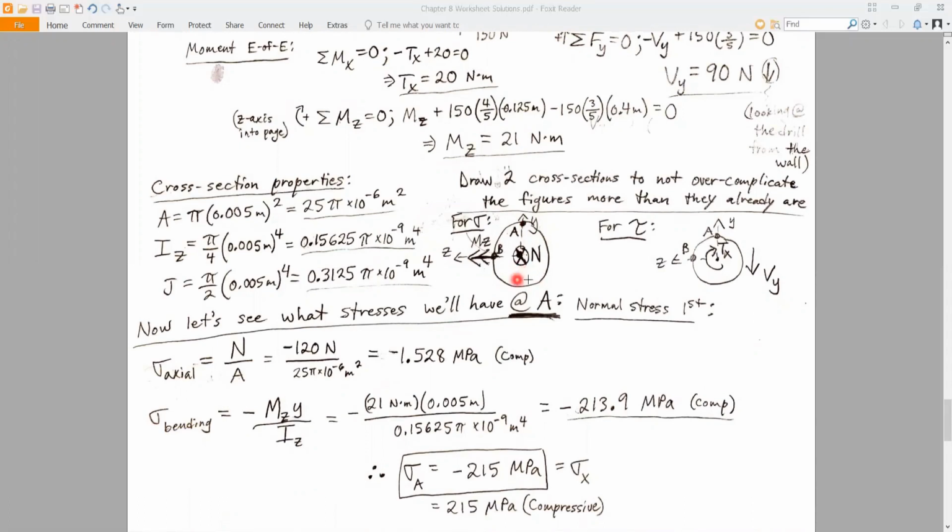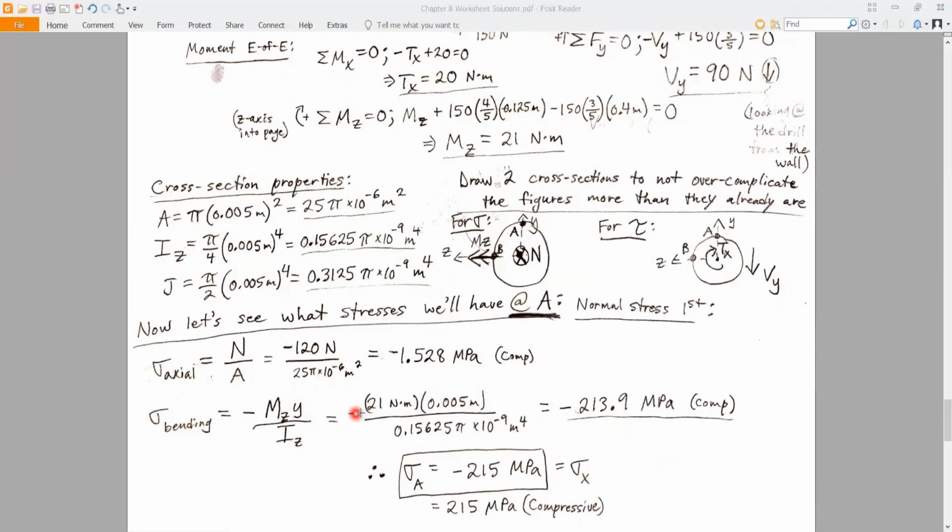Okay, so let's just go ahead and look at the stresses at A due to the normal axial and our bending. So our axial, N over A, getting compressive, divided by our area, we get negative 1.528 megapascals. Mark that it's compressive just so we know. Our bending stress is going to be My over I. In this case, we're at our C value at A, up here, so it's going to be positive Y value or positive C value.